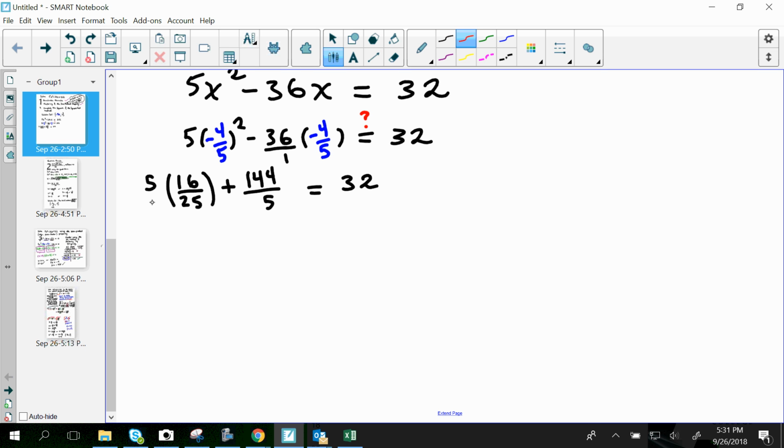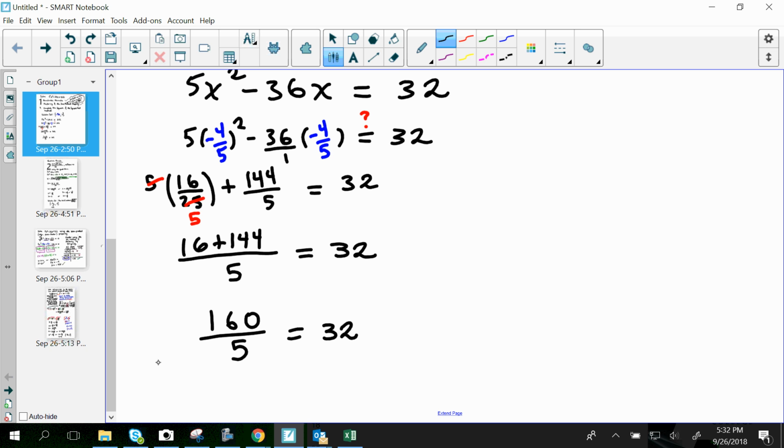5 divides evenly into 25 5 times. So then I have a common denominator of 5. And I'm going to add my numerators, 16 plus 144. When I simplify that, I get 160. Is that 60 divided by 5?